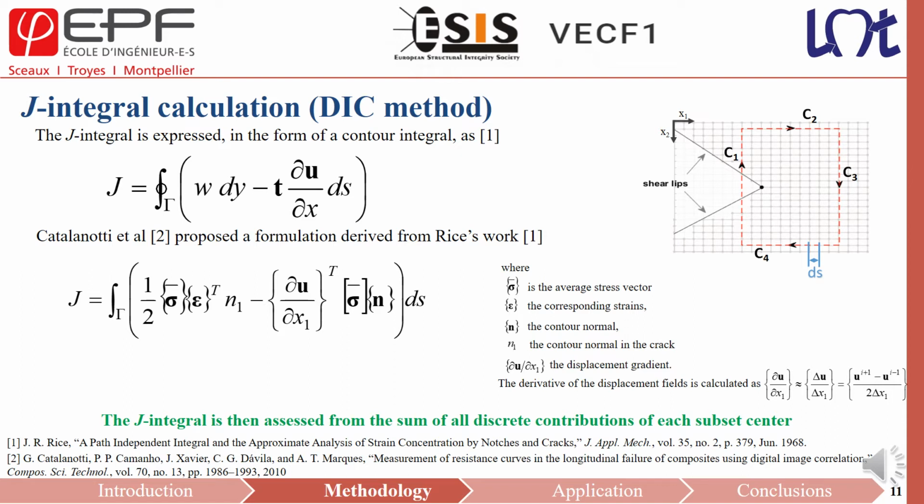It is calculated using displacement, strain, and stress, with a rectangular contour including the crack tip. The energy release rate, here equal to J, was computed point by point along each edge of the contour. The J integral is then assessed from the sum of all discrete contributions of each subset center.